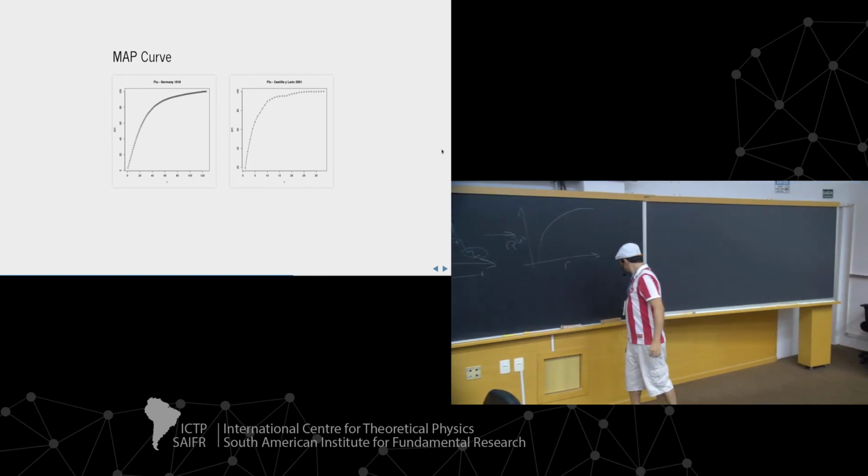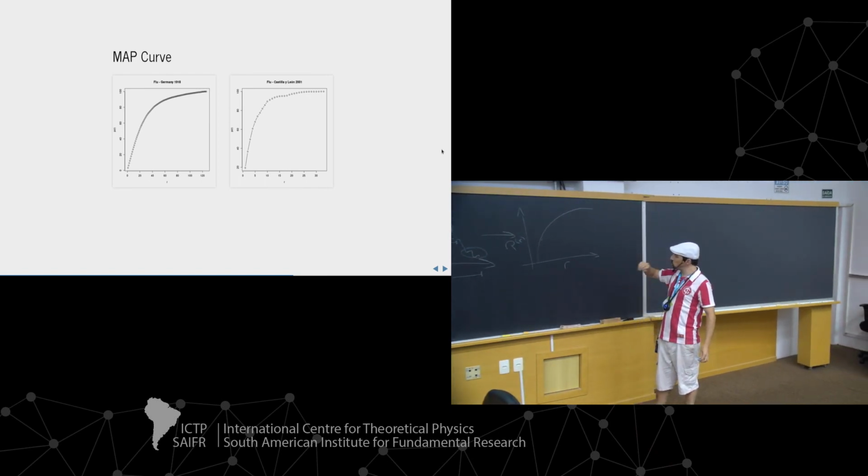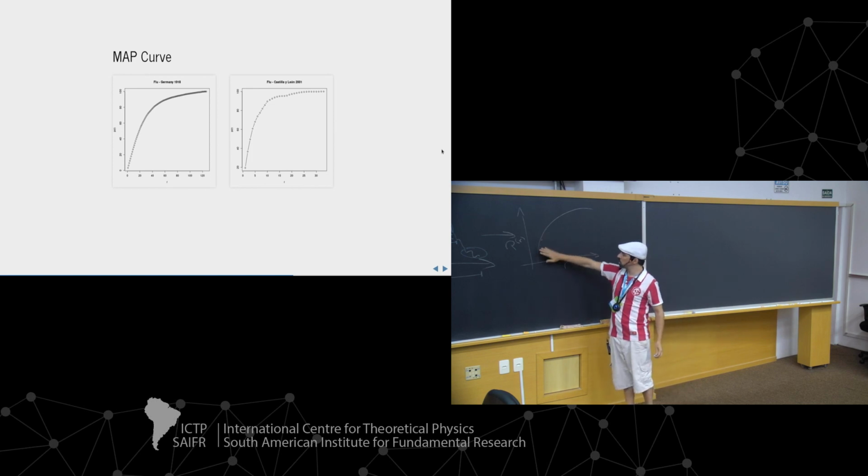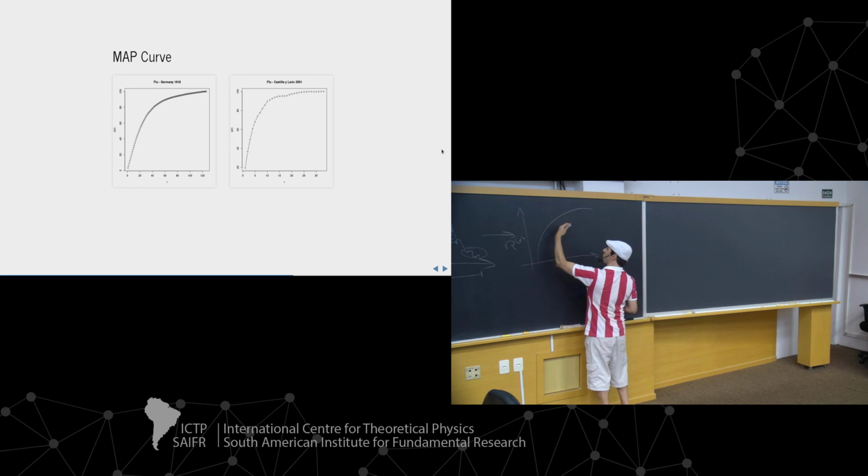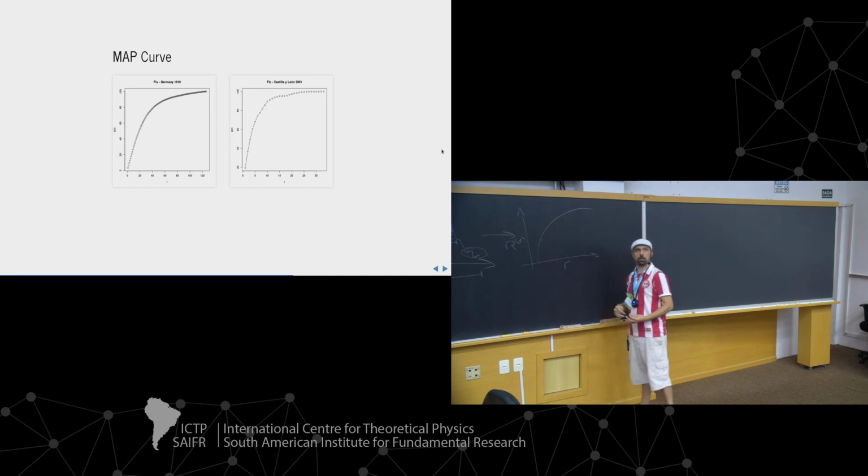So one way to do that would be to simply look at the derivative of this curve, right? Because here I have a very high slope, and as I move my window size, the derivative gets lower and lower and closer to 0.